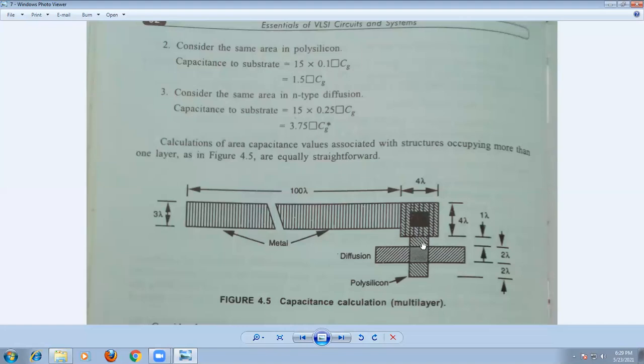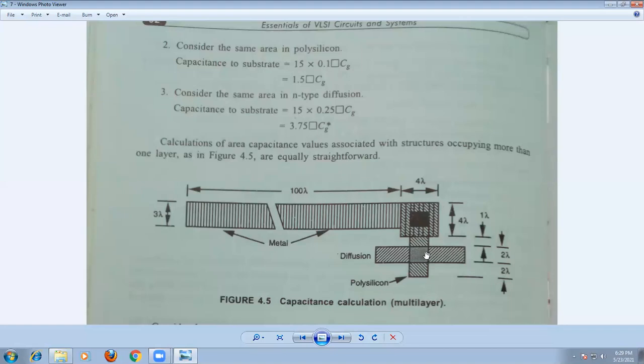For the total structure, we can consider gate capacitance, right? But here it is metal, and the polysilicon is from here to here. So we can calculate the polysilicon from this point to here, and the metal from this point up to this level only, and the gate capacitance. So totally this structure consists of 3 capacitances: metal capacitance CM, poly capacitance CP, and gate capacitance.